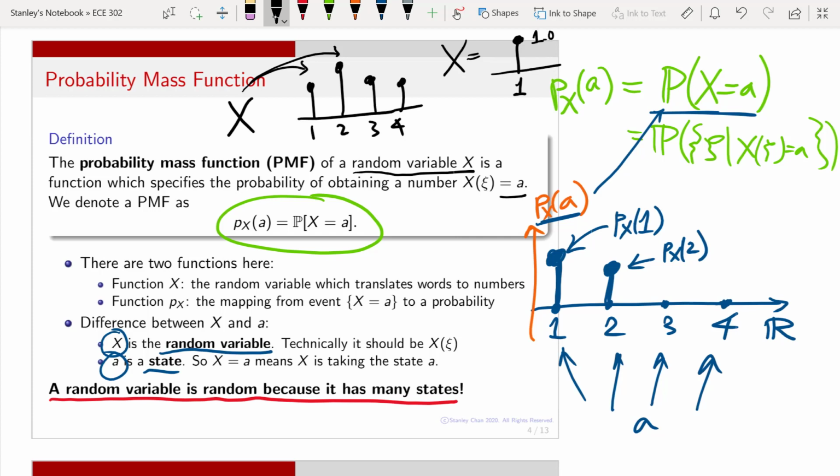Or you can think that all the probability is concentrated at 1, and so you have no other way of getting another state. Here the sum of all these states will give you 1. So this is a random variable. This is a deterministic quantity. And therefore, a random variable is random because it has many different states, and the height of this probability mass function tells you the probability of landing on this particular state.